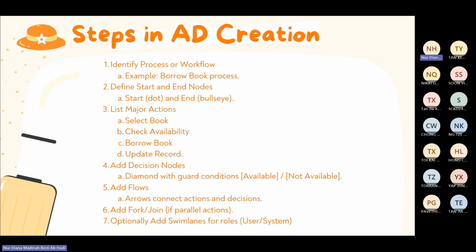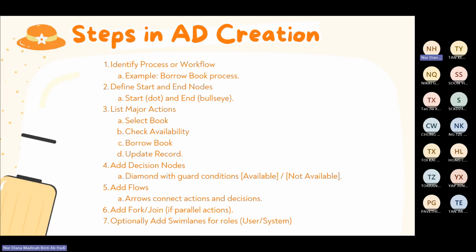And then you list all the major actions. For example, select book, check the availability, borrow your book, update your records. Then you have the decision nodes, which use a diamond with a guard condition, either available or not available.